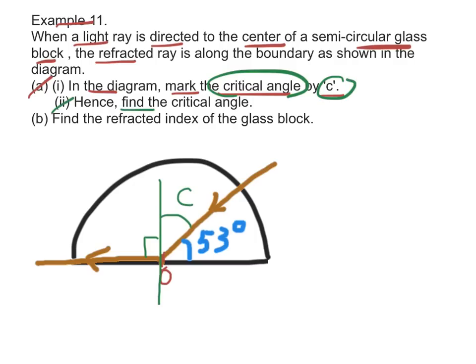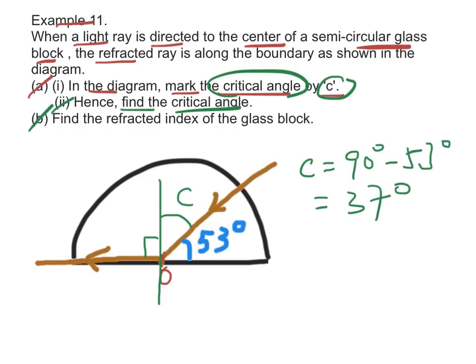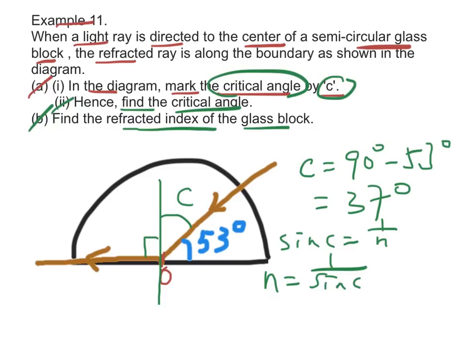Next, find the critical angle C equals 90 degrees minus 53 degrees, which is equal to 37 degrees. Part B. Find the refractive index of the glass block. By sine C equals 1 over n, we have n equals 1 over sine C, equals 1 over sine 37 degrees. Therefore, the refractive index of the glass block equals 1.66.